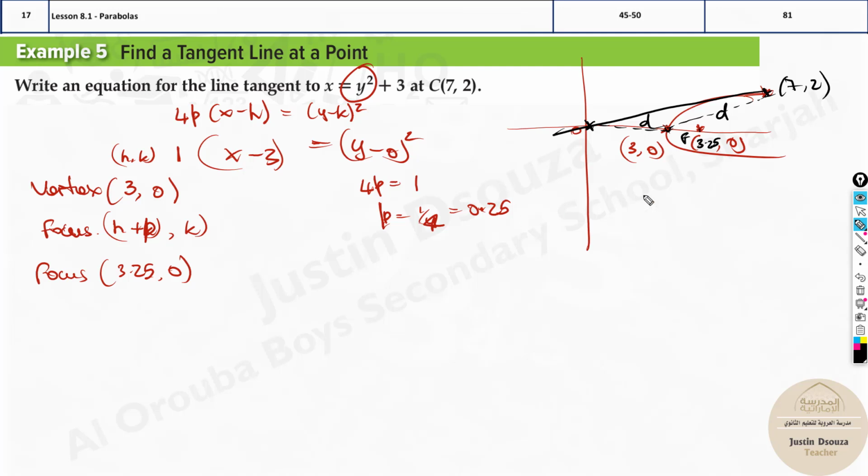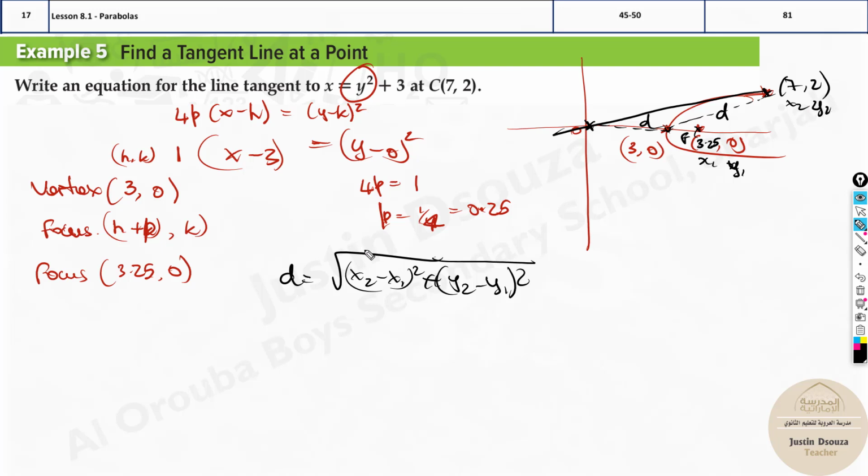So what we can do is find the distance here, and then from this distance we can find the other point. So I write the distance formula. D is equal to the square root of x2 minus x1 the whole square plus y2 minus y1 the whole square. We are going to substitute the focus point. Say this is x1, y1, and this can be x2, y2.